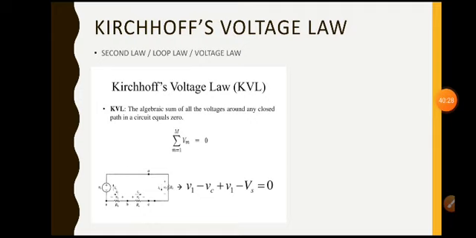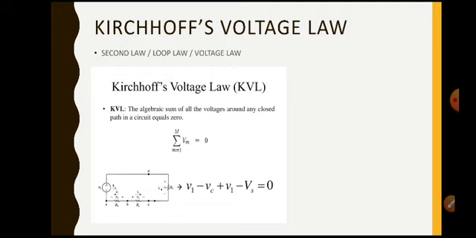Next one is Kirchhoff's voltage law. This is known as Kirchhoff's second law, or it is also known as the loop law or voltage law. So Kirchhoff's first law is the junction law or current law, and Kirchhoff's second law is the voltage law, or the loop law.